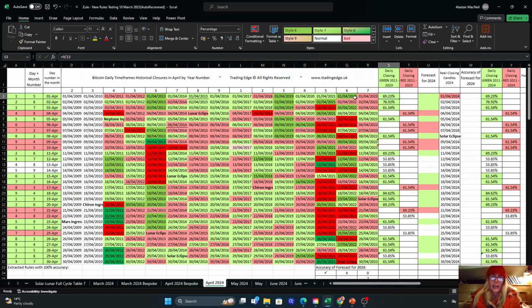They are 9, and the red candles are 4, so we're looking in total at 13 events. So 9 out of 13 gives a 69% historical average occurrence of a green candle across all 1st of Aprils since we have trading data.